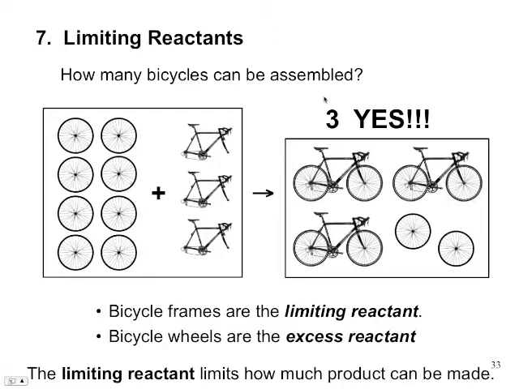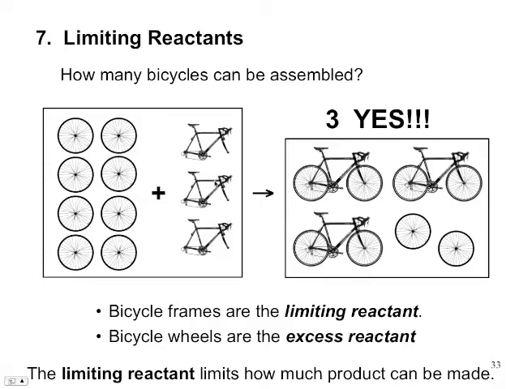Now, why do we care about this? Because in a chemical reaction, often one of the chemical reactants will be in excess over the other. And if the question asks, how much product is it possible to be made under the experimental conditions, you have to determine which one limits how much product can be made, just as we did in the case of the bicycles.